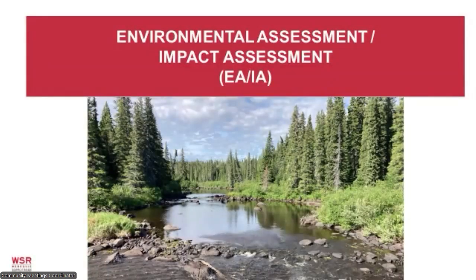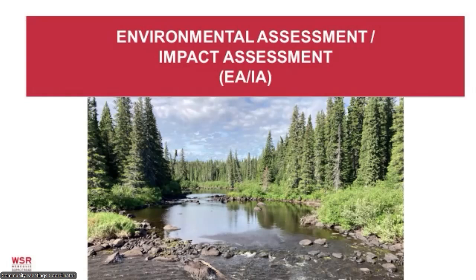Let's move now to the heart of the presentation. In part 1 of round 3, we described what is an EA or IA and what is being assessed in the EA or IA. As a refresher, environmental assessments are studies which assess the potential environmental effects, good or bad, of an individual proposal or project.